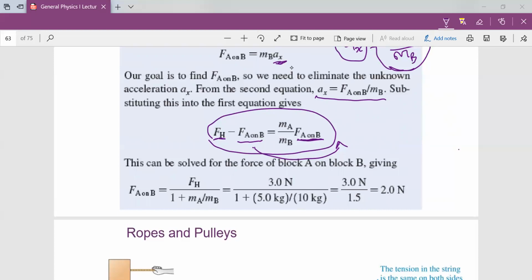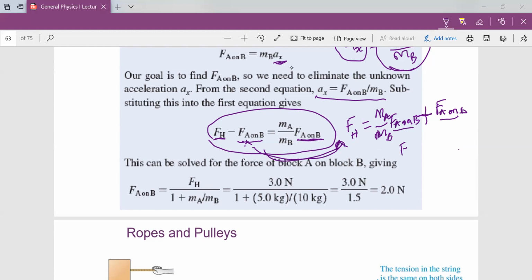Okay. What we did from this step was to move this across the sign of equality to this side. So when we do that, we'll have an expression that looks like this: MA over MB times FA on B. The one we moved becomes plus because it has crossed the sign of equality. It becomes FA on B. Now we see the like term in these two expressions, so we can bring it out.